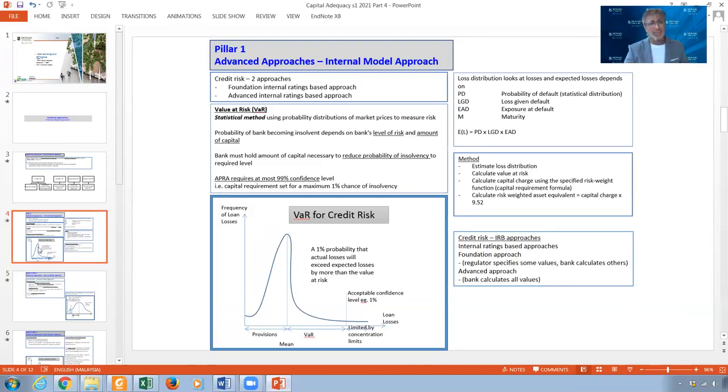Then you transfer it to risk-weighted assets by multiplying by 9.52. So this model will allow you to calculate the VaR, which is the capital required.